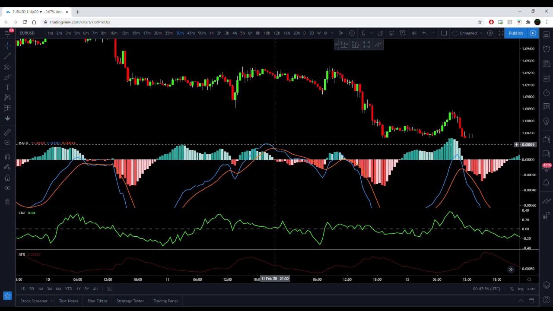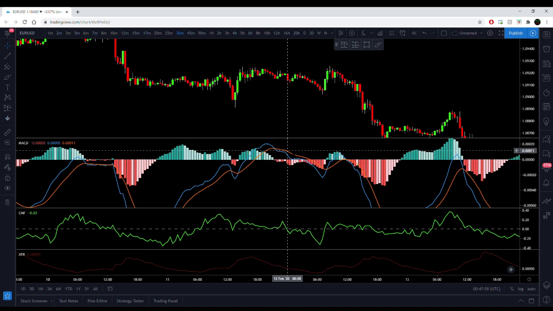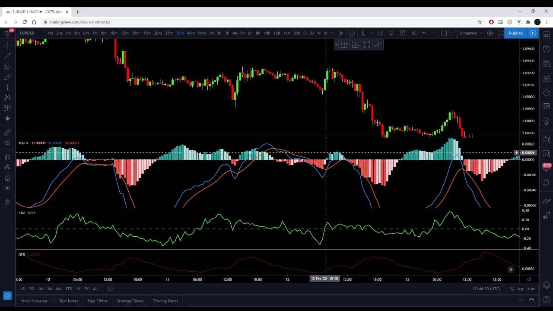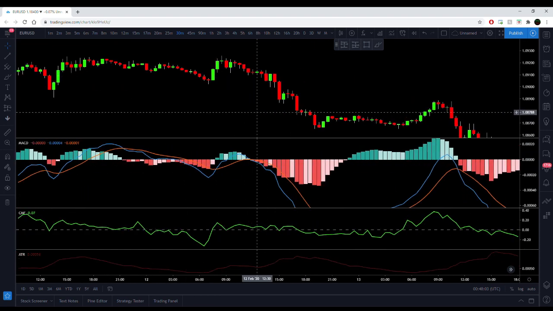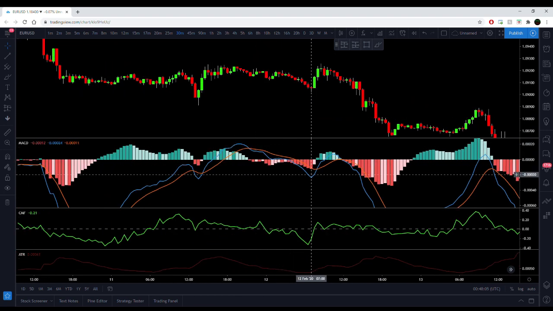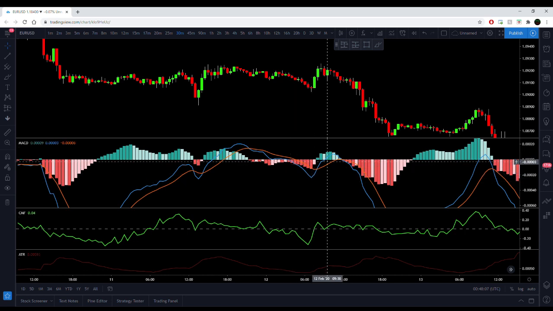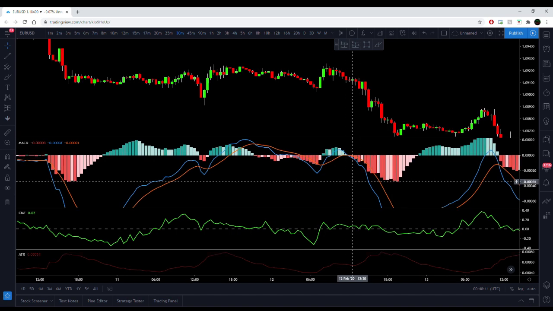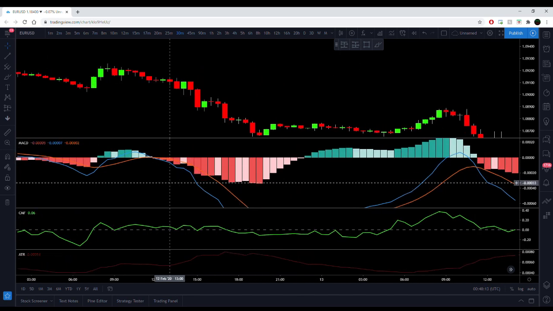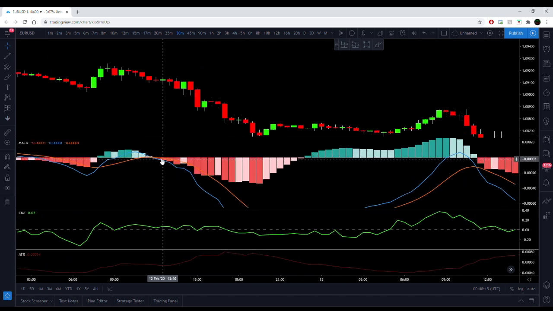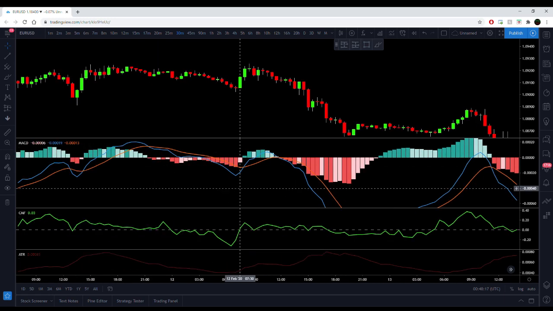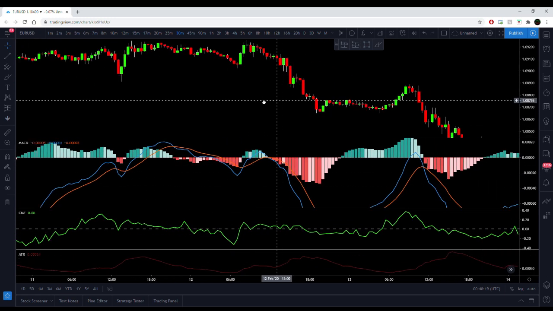Once this has crossed back up, you're only looking for longs. You don't get any long signals though. So the downtrend continues. It crosses back down below the zero line of the histogram, but then it crosses back up and down again. This one I probably would not take since the cross is not happening below the zero line of the histogram, so we're not looking to take that one.